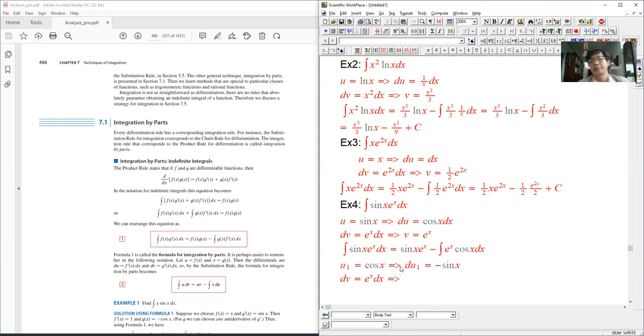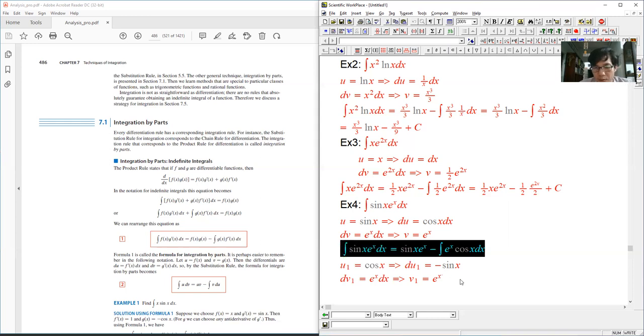So we find v1 equal e to the power x, and we rewrite this.